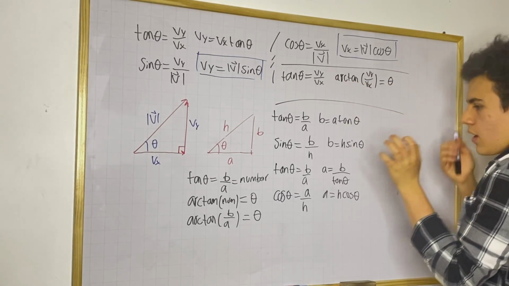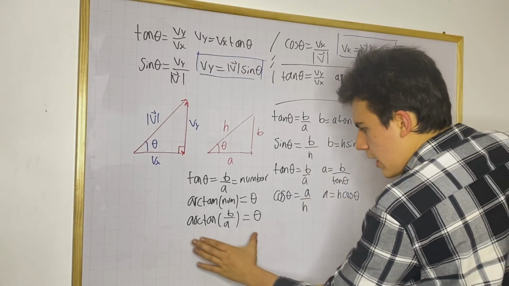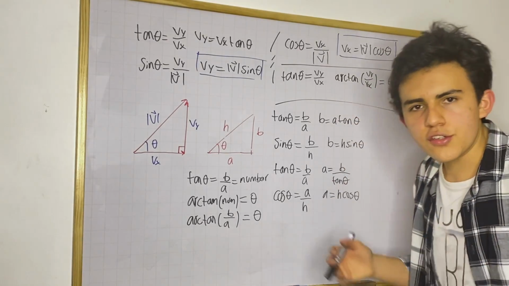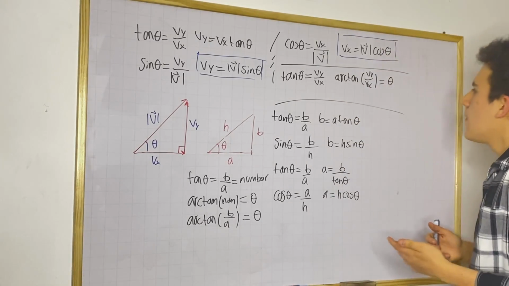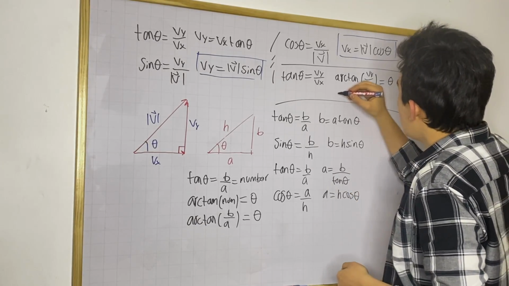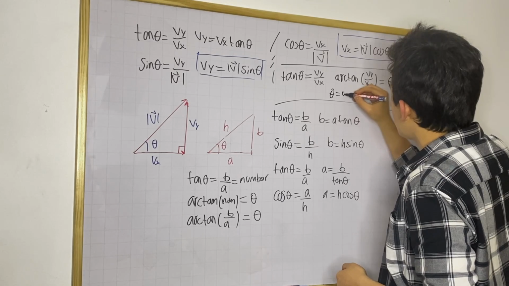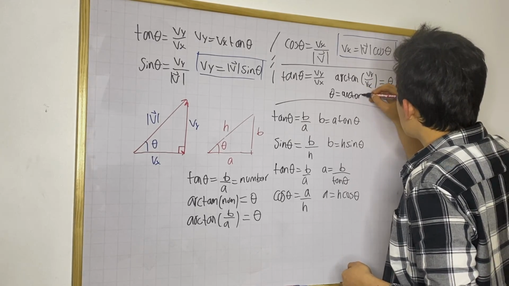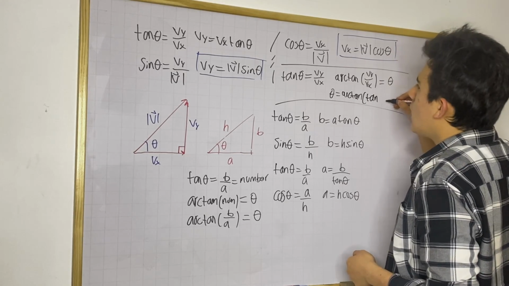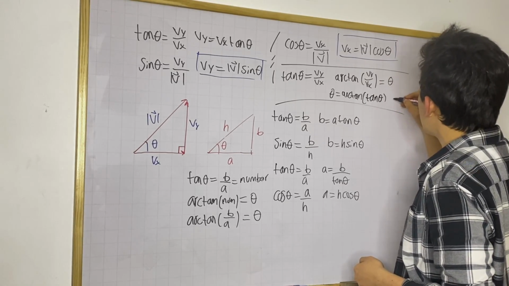Now this equation right there is absolutely the same as this equation right there, okay? And this is one of the famous equations that you have memorized too. Also, one way you could write this equation is as this. Theta is equal to arctangent of tangent of theta, okay?